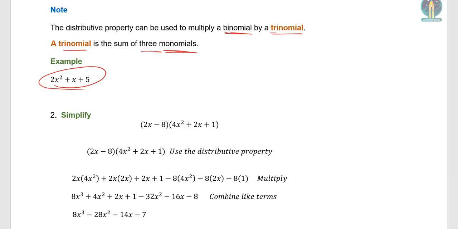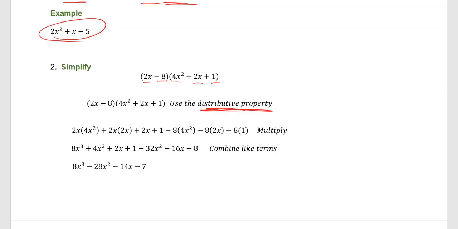Now, let's look at an example on multiplying a binomial by a trinomial. So we have 2x minus 8 multiplying the trinomial 4x squared plus 2x plus 1. So using the distributive property, we essentially have the first term multiplying this whole pair of parentheses, all terms, and then we have the second term multiplying the pair of parentheses, all terms.